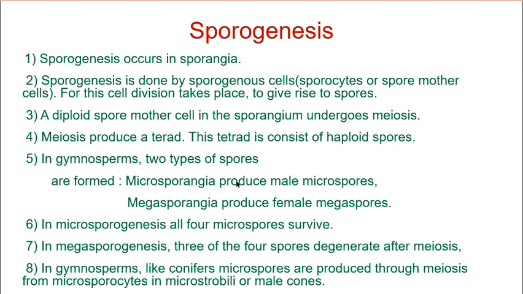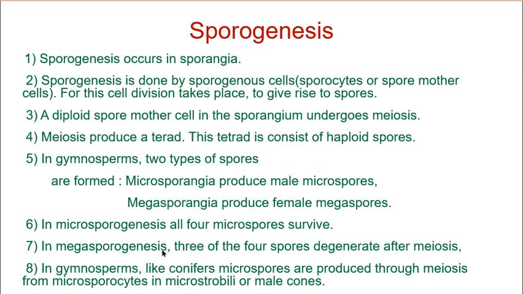Fine. In gymnosperms, two types of spores are formed. You all know microsporangia produce male microspores and megasporangia produce female megaspores. In microsporogenesis, all four microspores survive.